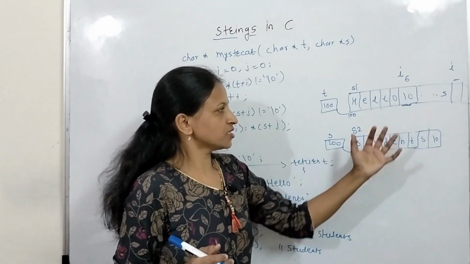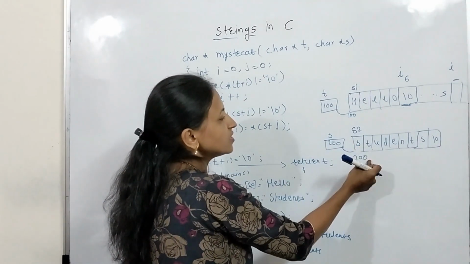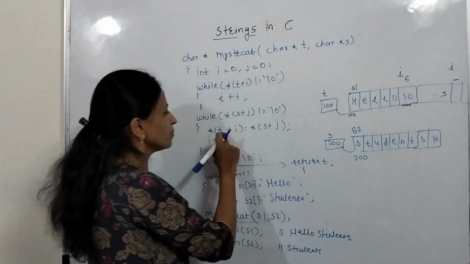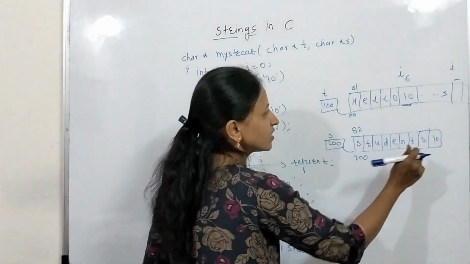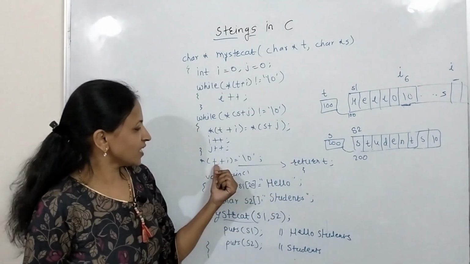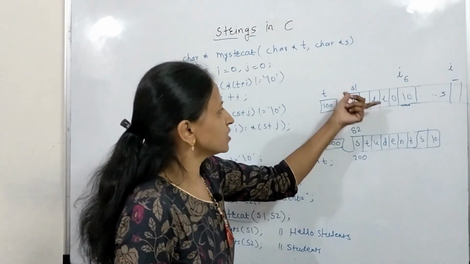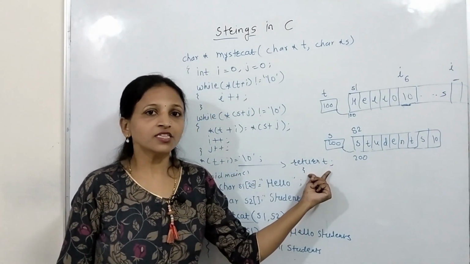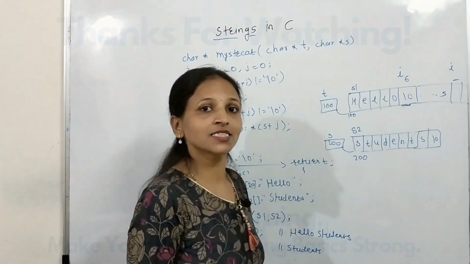Means we are attaching this string here. j is initially 0, *(s+0) should get copied here, that means *(t+i). And every time we will increment the i counter and j counter, and finally we have to attach here the '\0' character, and that's why I have written this statement like *(t+i) equals '\0', and finally we have to return this target string. That's why return t. Getting? In this way we can write our own function for doing the same task, just like strcat.